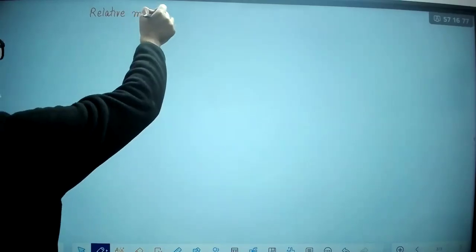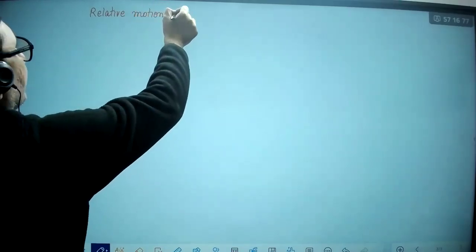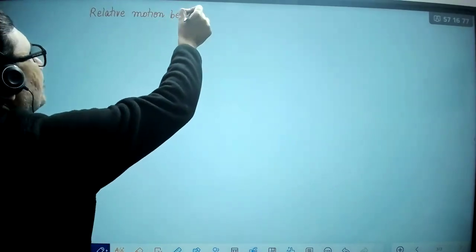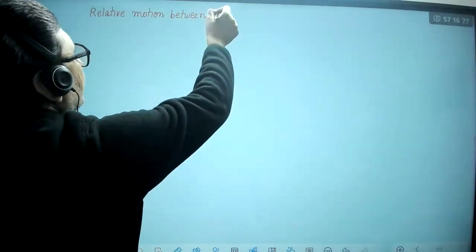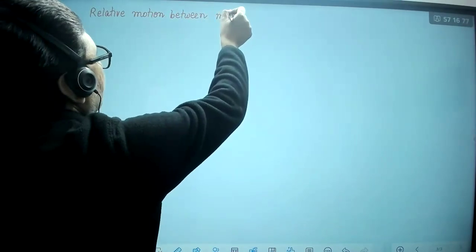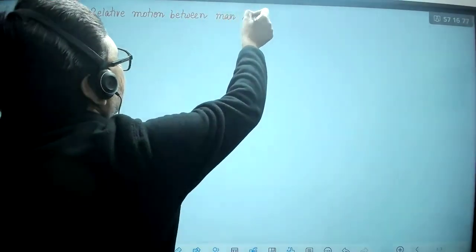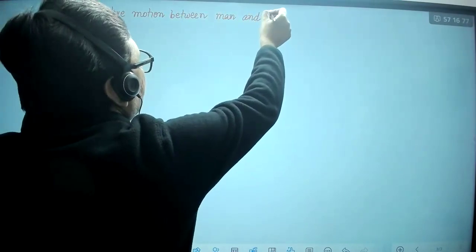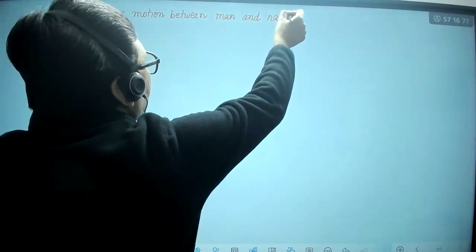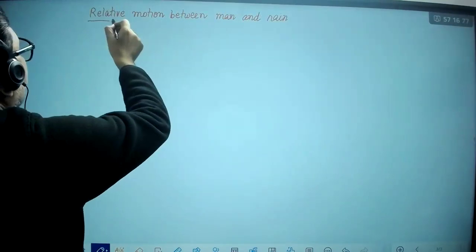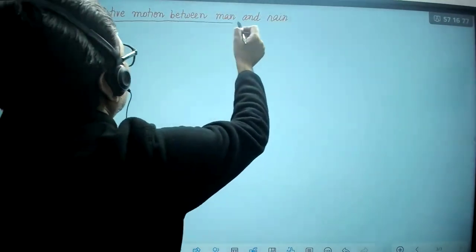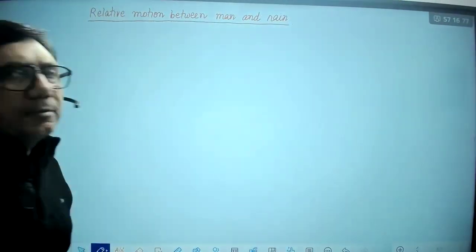Next, one of the very important problems is relative motion between rain and man.